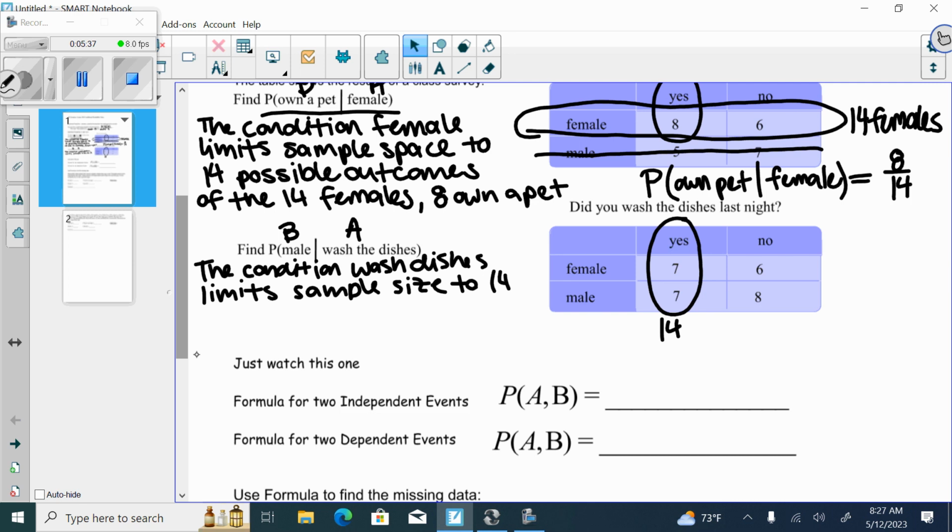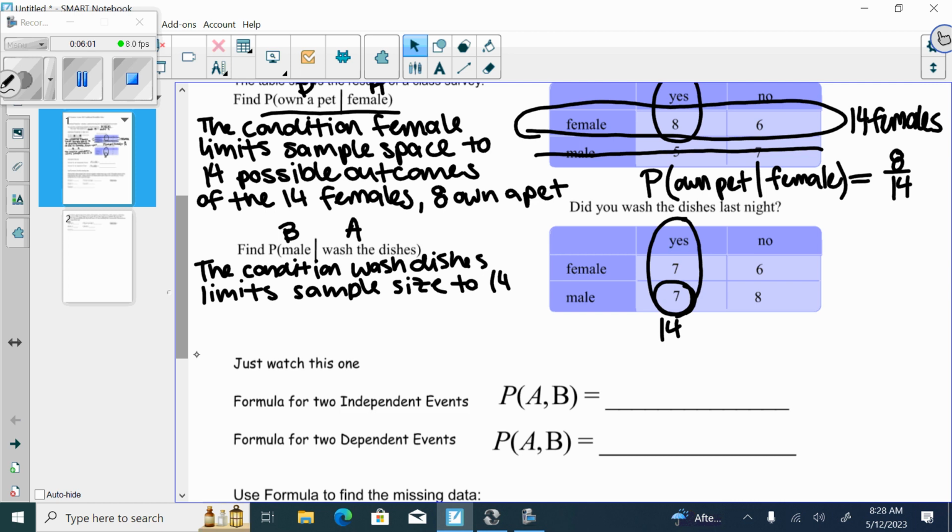Okay? Now that I know I'm only looking at the people that said yes, which was 14, I now am told to look at event B, which was the males that wash dishes. So how many would that be? 7. So here, I find that 7 out of 14 wash the dishes.